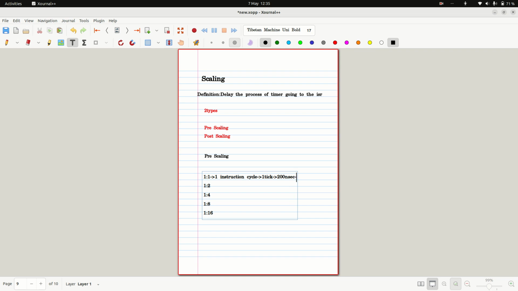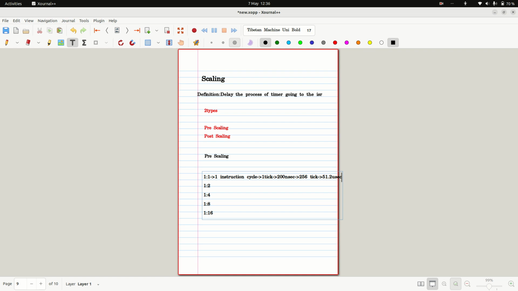After 256 ticks, an interrupt is generated, so the duration is 51.2 microseconds. This is about 1:1 scaling.